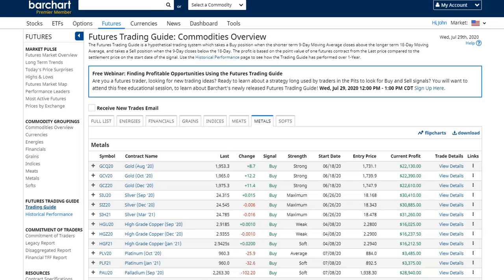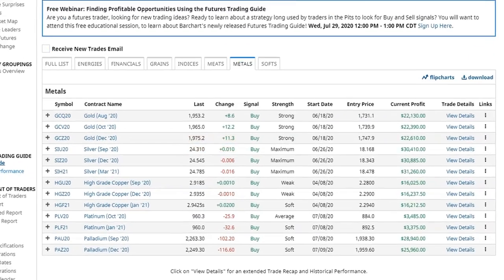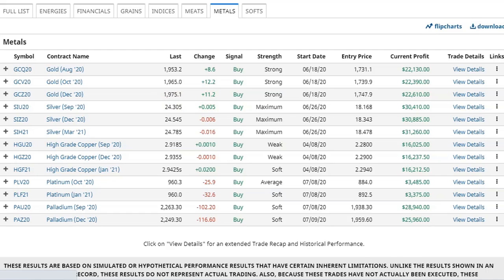Now, what we also need to understand is that the indicator is going to give us a buy or sell signal. If I have a buy signal that puts me into the market, then when the moving averages cross back over, it's going to create a sell signal.